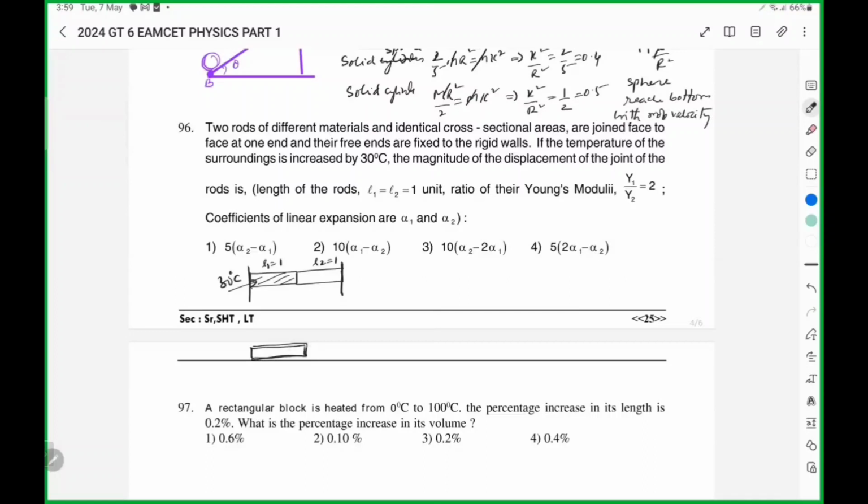First rod expands. Here this also, its expansion will be there. And because of one exerting force on the other, there is a displacement x.